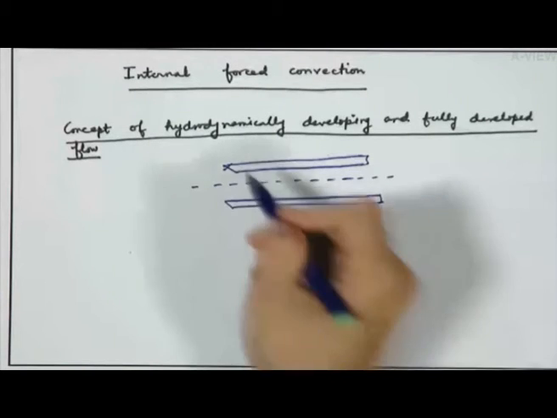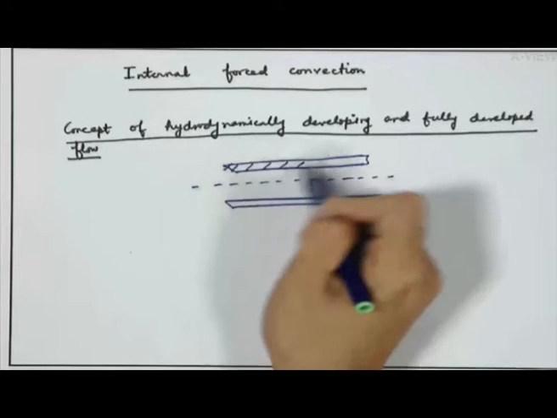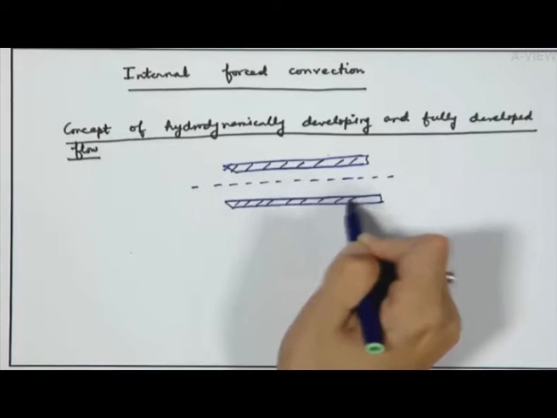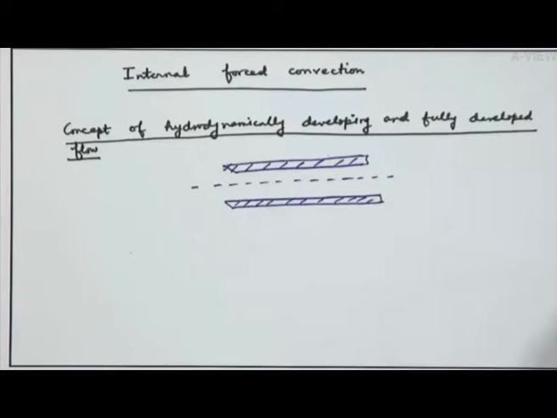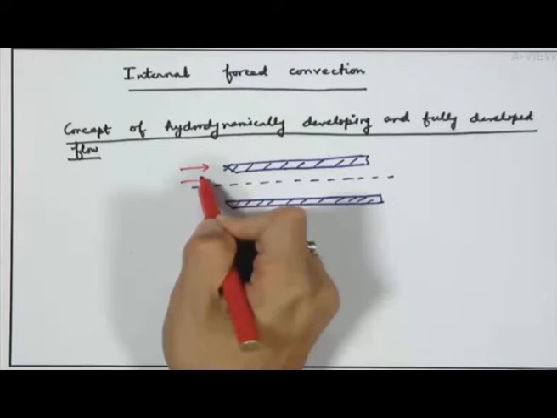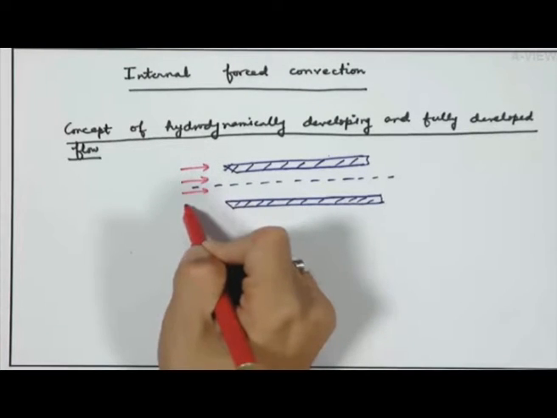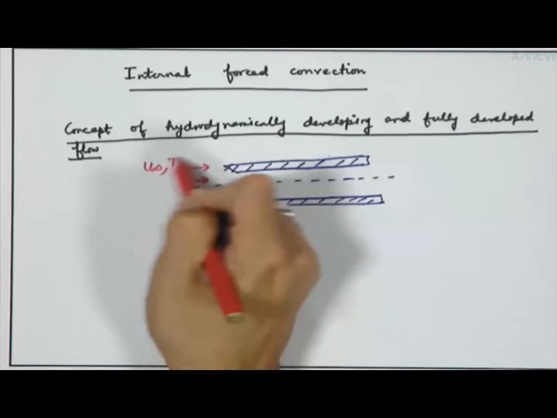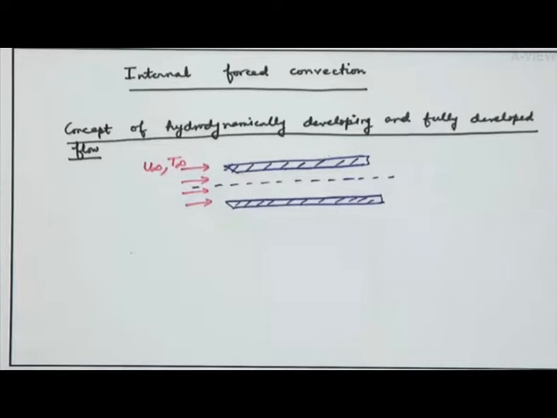First let us show the solid boundaries. There is a fluid that comes from far stream with a velocity u infinity and temperature T infinity.